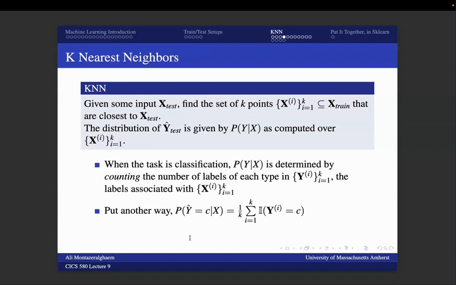That means at first we find the k nearest neighbors of the new data point, count the number of labels for these data points that we just found, and then decide about the label for the new data point.